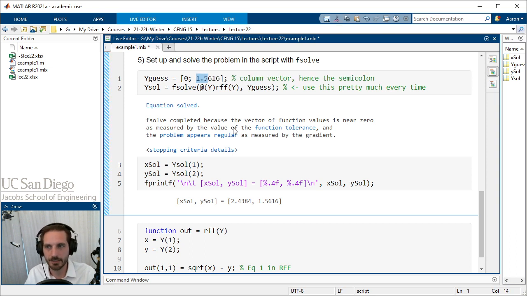I can even go back to my original 0 guess, and whatever value I'm throwing in as my initial guess, I'm getting the same answer each time. This is a concept called stability, which we're not really going to go into too much, but it's a good thing. Putting in different guesses and getting the same answer means that you've found a stable solution. It seems to really be 2.4384 and 1.5616.